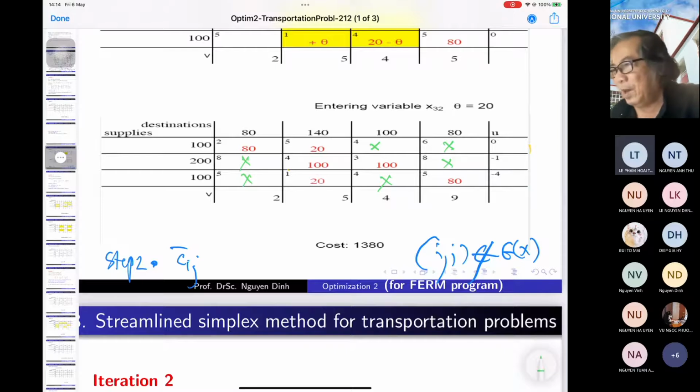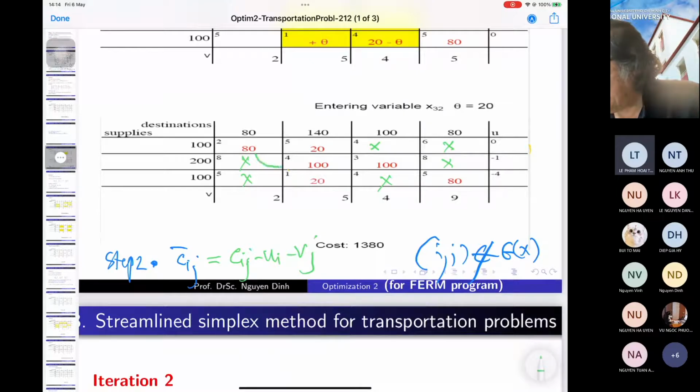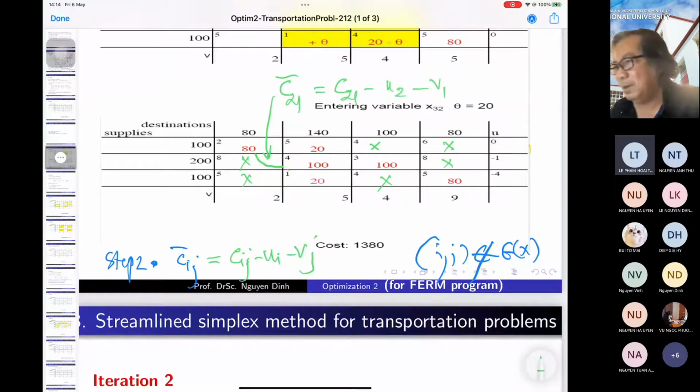Is that okay? For example, the formula is C bar ij is equal to Cij minus Ui minus Vj. For example, this is C bar 21 equal to C21 minus U2 minus V1.